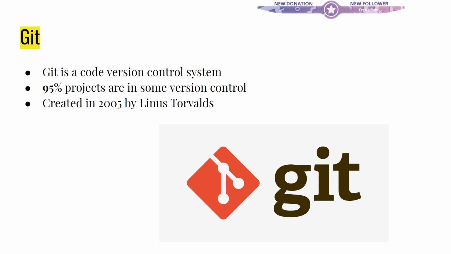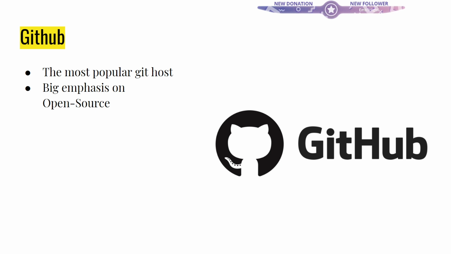And this system, Git specifically, has been created by Linus Torvalds in 2005. And a little funny fact, Linus Torvalds claims to have created Git in 2 weeks. And it's amazing. GitHub should not be mixed with Git.